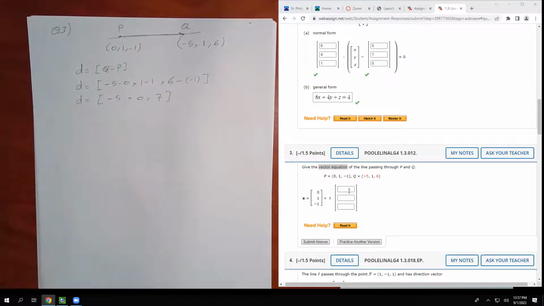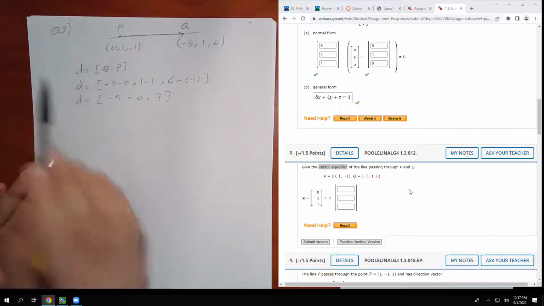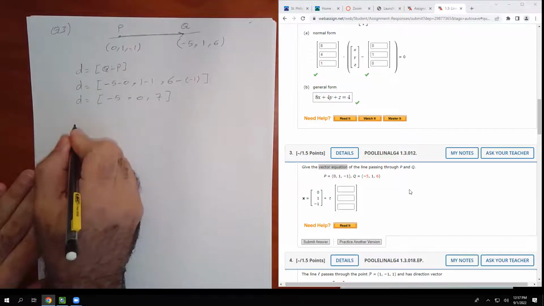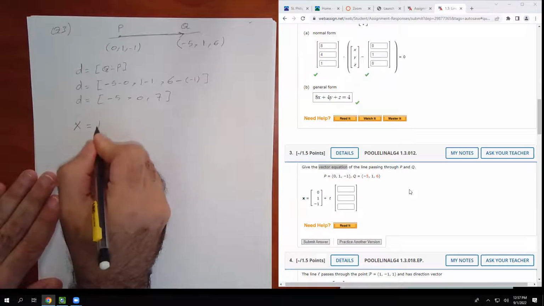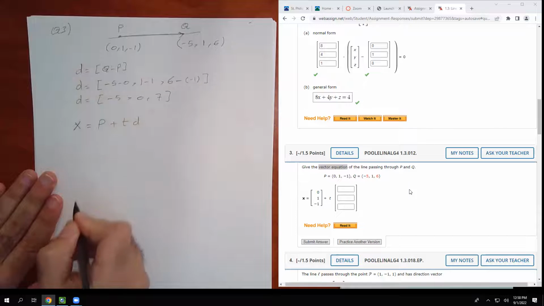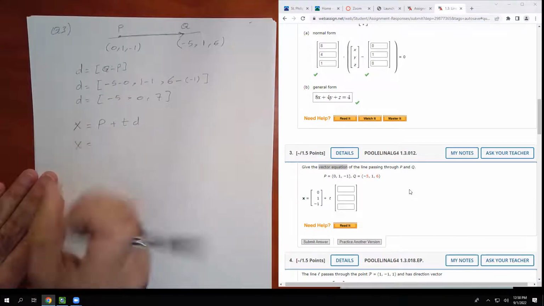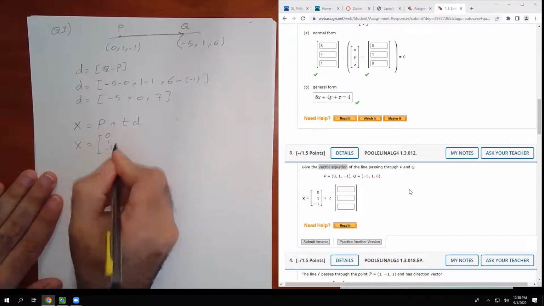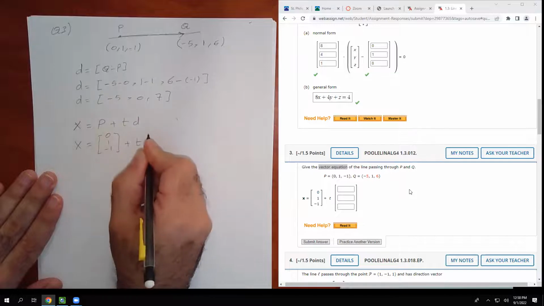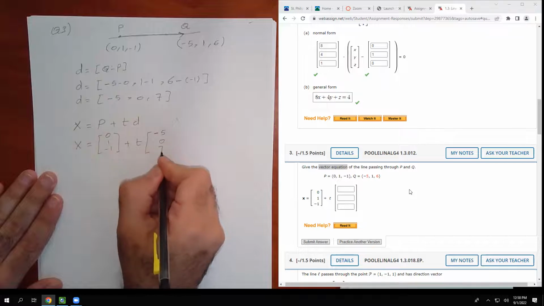Now I'm going to go back here and plug it in. On the test, you have to write down vector equations. That means vector form, so you have to write down the whole thing. That means X, the vector X, equals the point P plus TD. So the vector X is going to be the point P, 0, 1, -1, plus T times the vector D, which is -5, 0, 7.